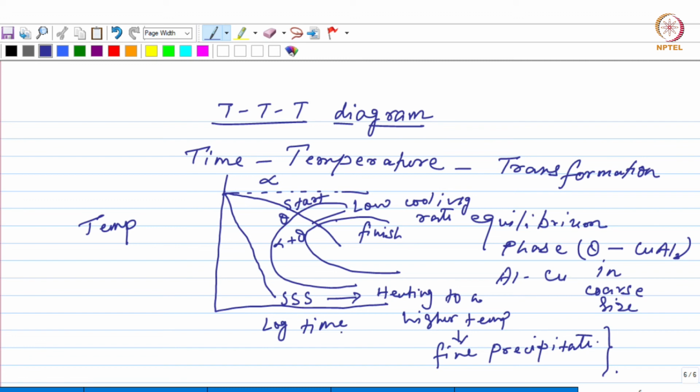So the three basic steps that we have for precipitation hardening. First, as we have seen, solution treatment, that is heating to the single phase region. This is followed by quenching.